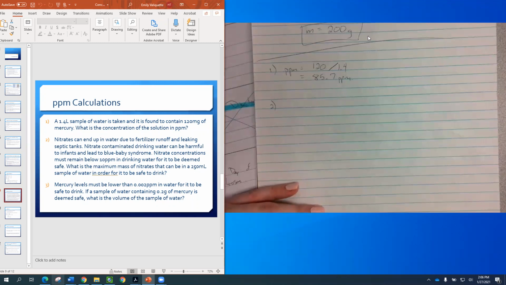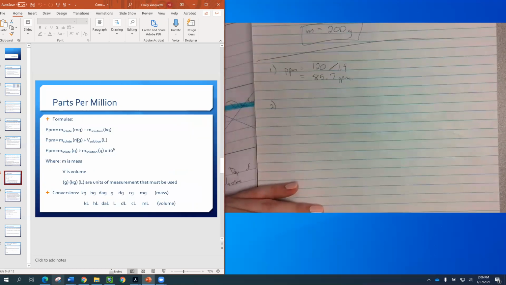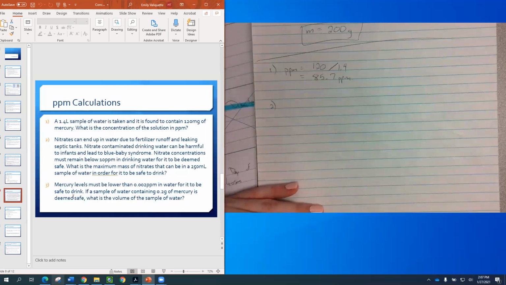So right away, I see that they're asking for mass of nitrates. So we're going to be using the second formula again, the mass of nitrates with the volume of water. But of course, our volume of water has to be in liters. And in the question, it is in milliliters.